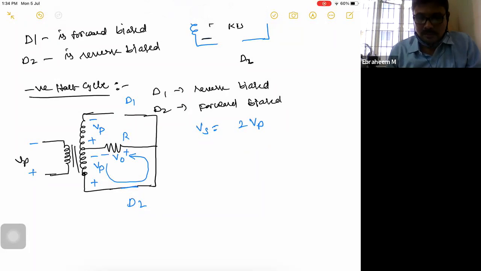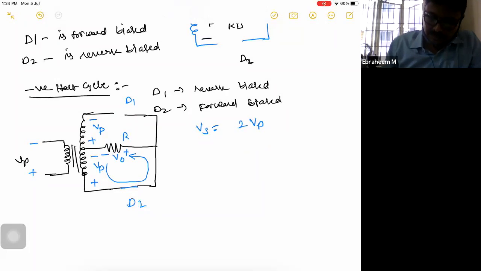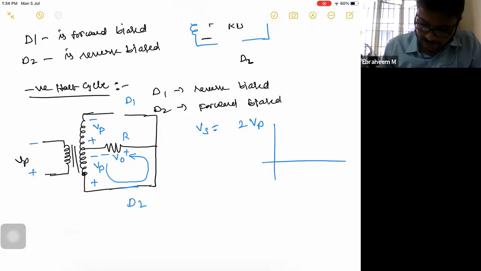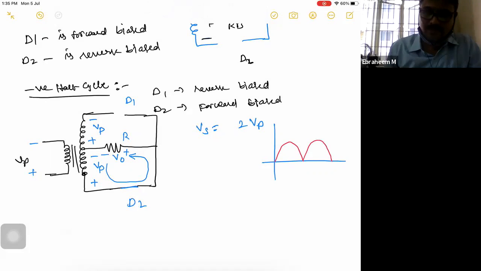resistor R. For the first half cycle, the voltage applied across the resistor is like this. And in the negative half cycle, again the voltage will have the same direction, because current is always flowing from right to left through the resistor.